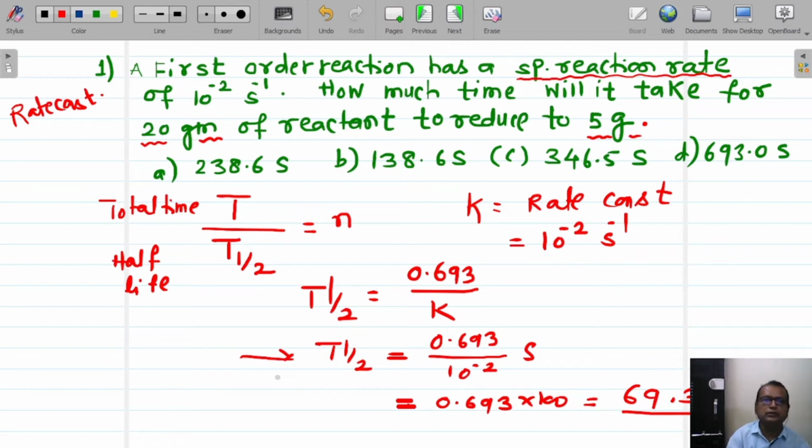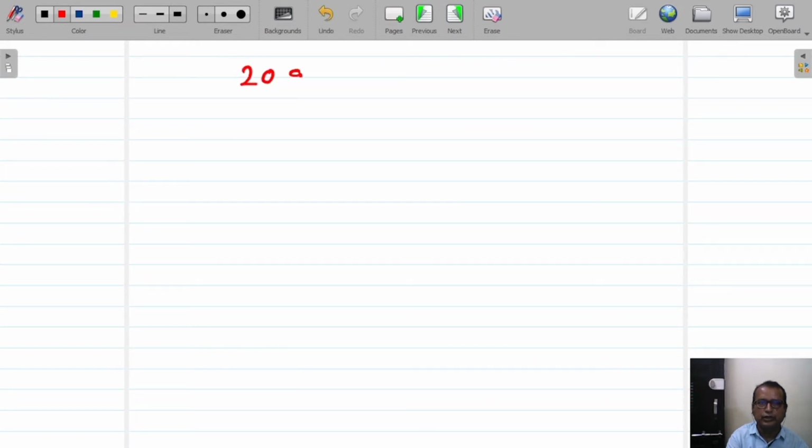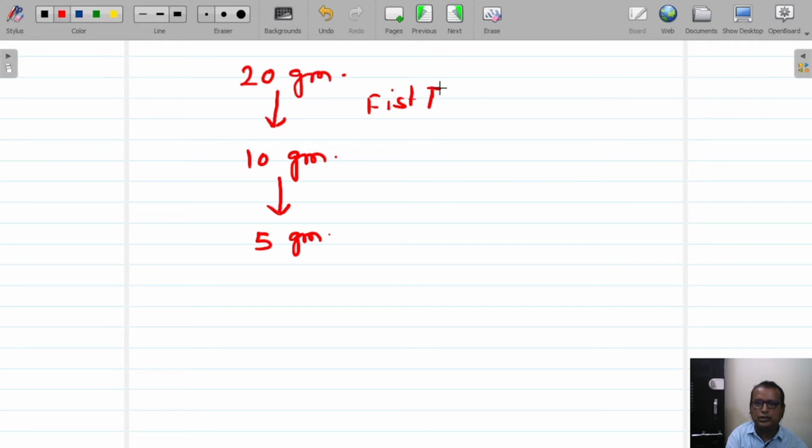Now, 20 gram is converted into 5 gram. 20 gram is the initial amount. When it goes to half, 10 gram, it is our first half-life stage, and then it is our second half-life stage, 5 gram.